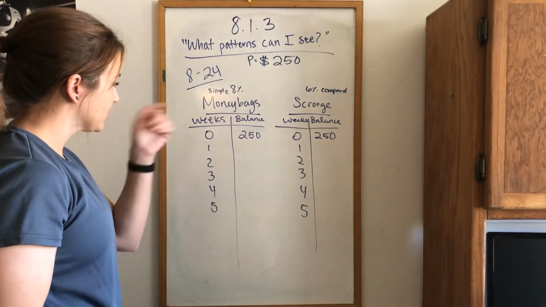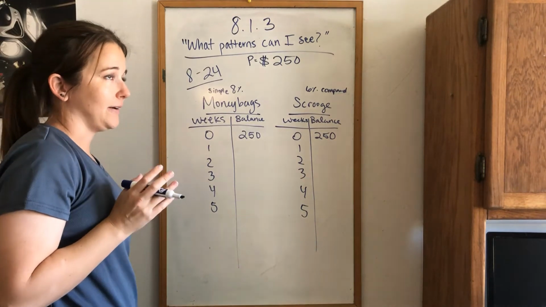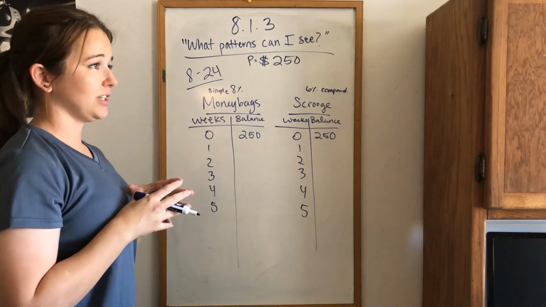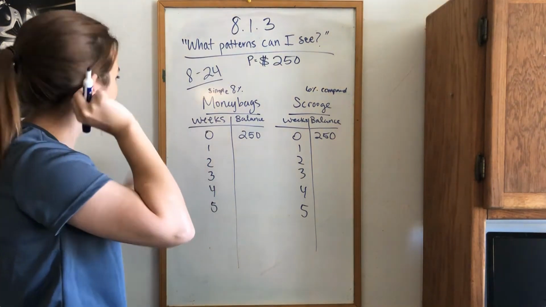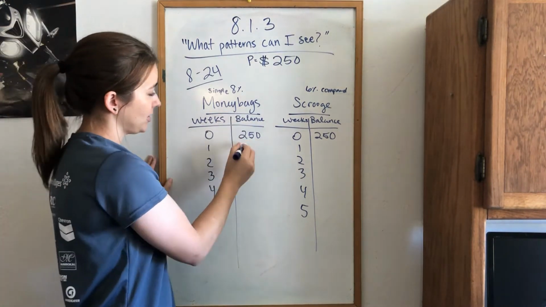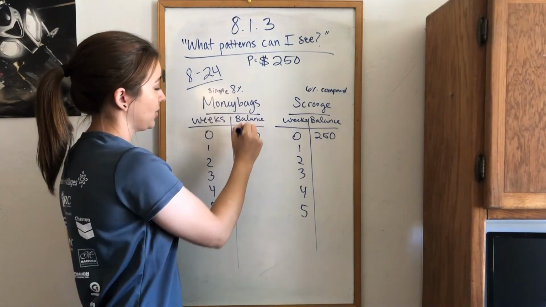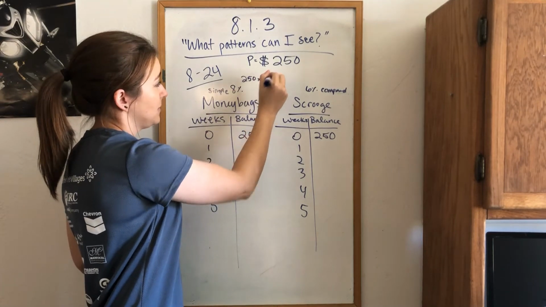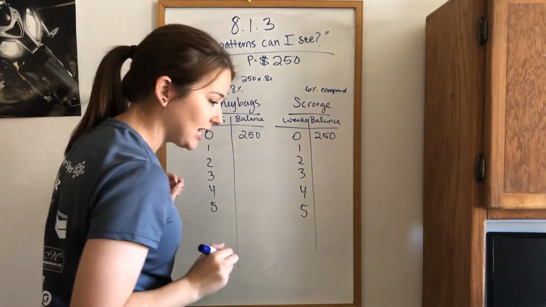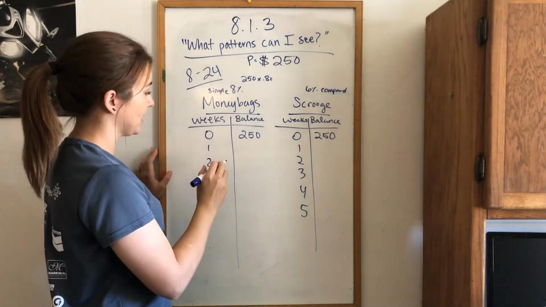So let's do Moneybags first. We know that simple interest goes by the same rate every week or month or year. So we need to figure out what the rate is. $250 times 0.08 is 20.